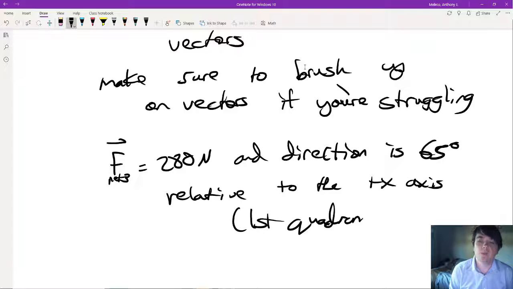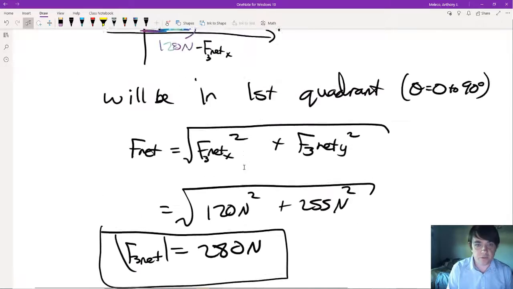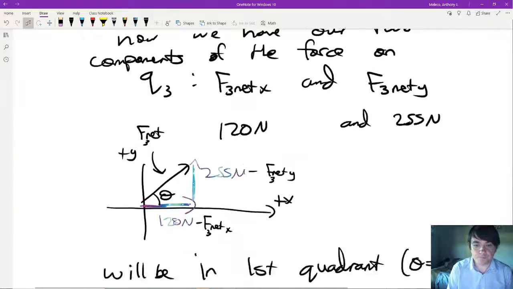We were looking for something between 0 and 90, and we found it. So again, make sure you brush up on vector stuff. There's stuff attached to the course that you can look at, okay?